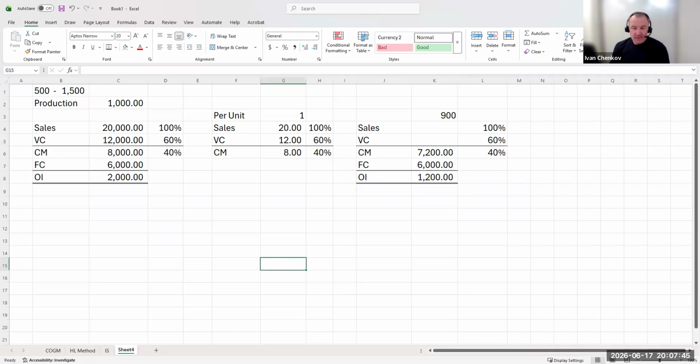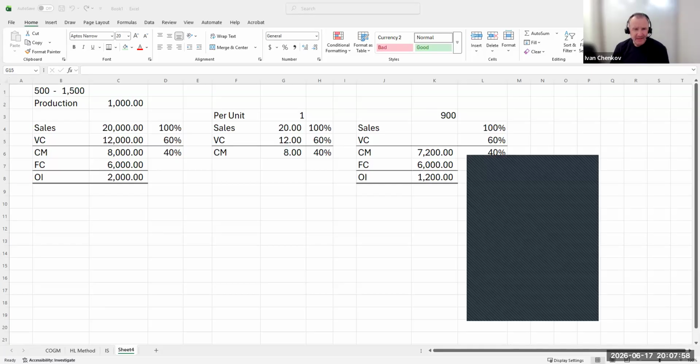Okay, the next question is going to ask you, let me see what's asking the next question. I have to find the set of questions because I believe I closed it. Yes. So the next question is going to ask you, if the selling price increased by $2 per unit and the sales volume decreased by 100 units, what will be the net operating income? Now we start playing with the numbers.